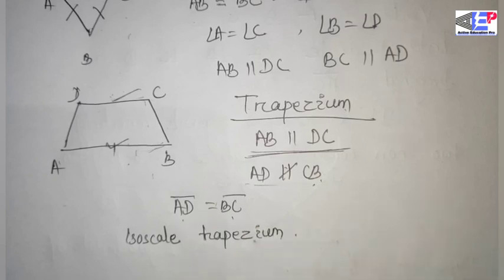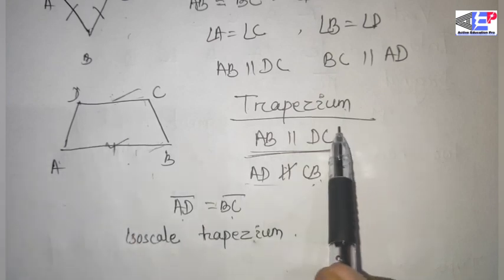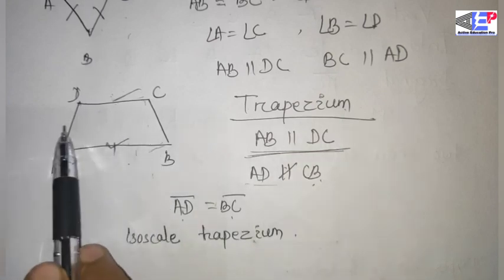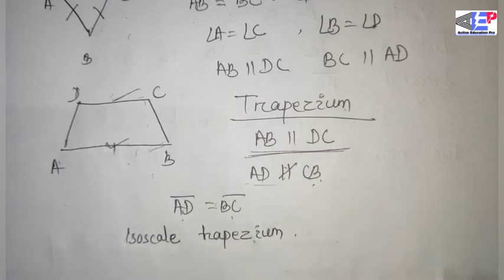In my last video, I already told about isosceles triangles. A triangle which has two sides equal is known as an isosceles triangle. So if in a trapezium the two non-parallel sides are the same in length, it is known as an isosceles trapezium.